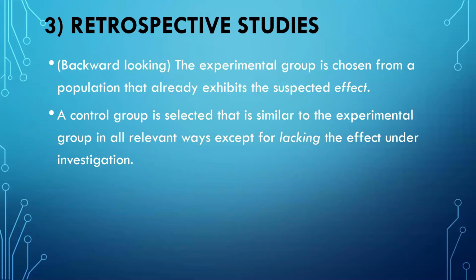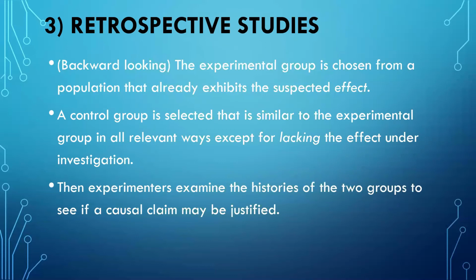And then you select a control group, again, similar to the experimental group in all the relevant ways, except that they are lacking the effect under investigation. And then the experimenters examine the histories of the two groups to try to figure out what differences there are that may have caused the effect that you are investigating.